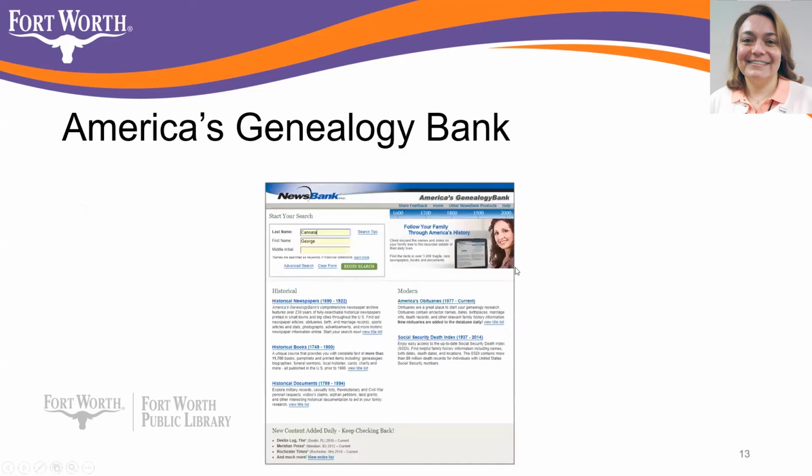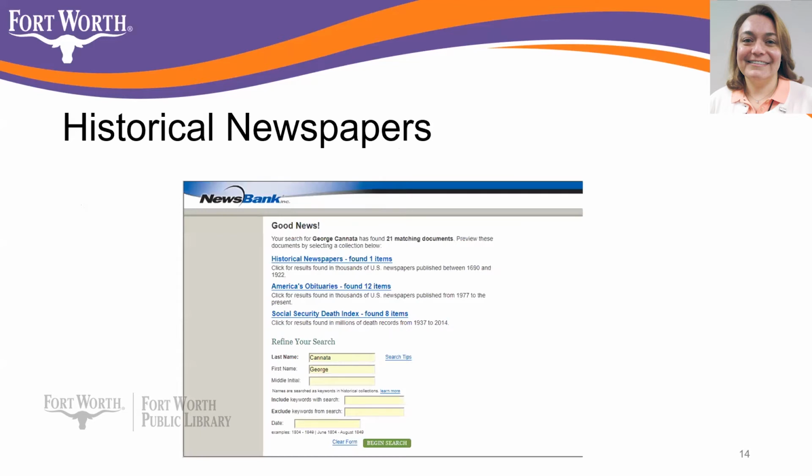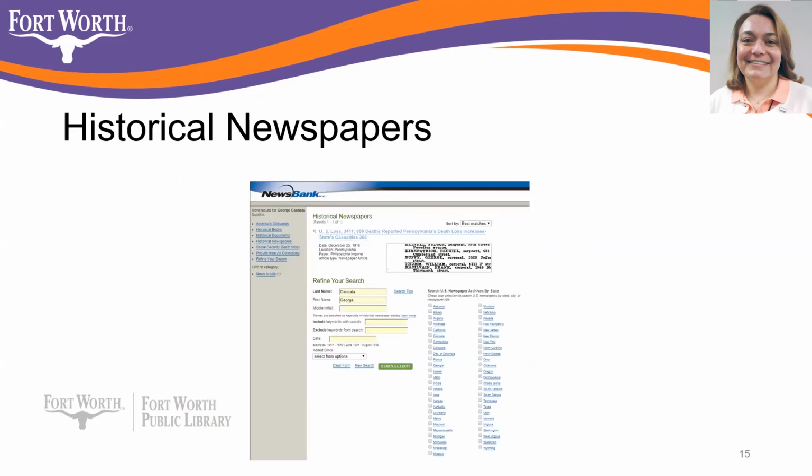But today, I'm going to show you a search for a George Canada. We see in the historical newspapers, we found an item. There are 12 obituaries, and the Social Security Death Index found 8 items. Here we have historical newspapers, and it shows a casualty listing, U.S. loss, 650 deaths reported, Pennsylvania's death of casualties.